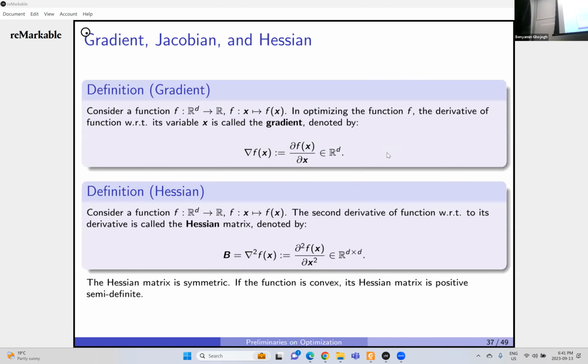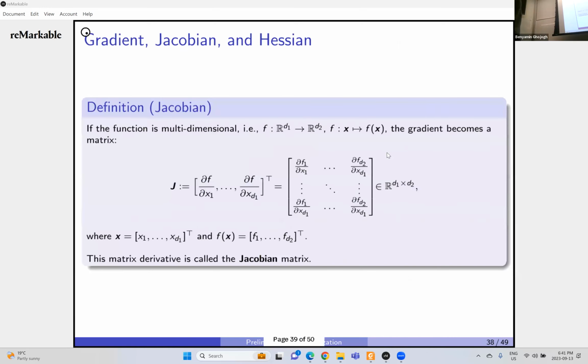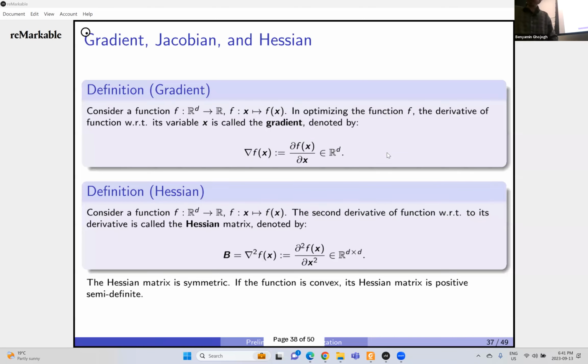Now gradient, Jacobian, and Hessian. So, what is gradient? Don't worry about that. The naming is not important. The only thing which is important is the mathematics behind them. We can call it Jack, whatever.